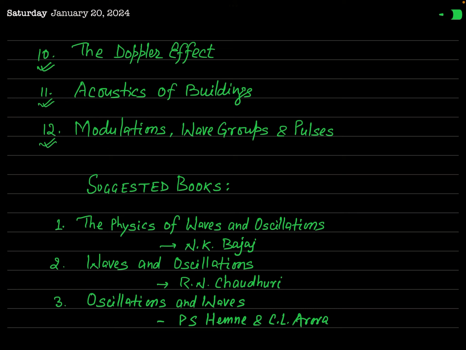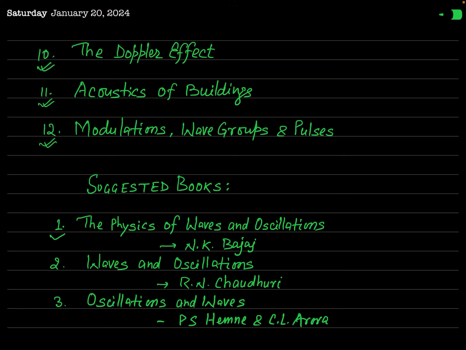And you can see the first book which I have mentioned here is The Physics of Waves and Oscillations by N.K. Bajaj. Actually, this is a very important book, or very useful book.